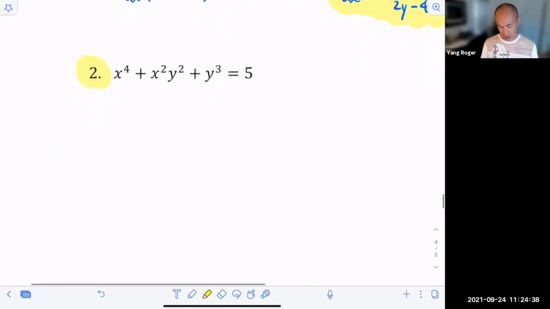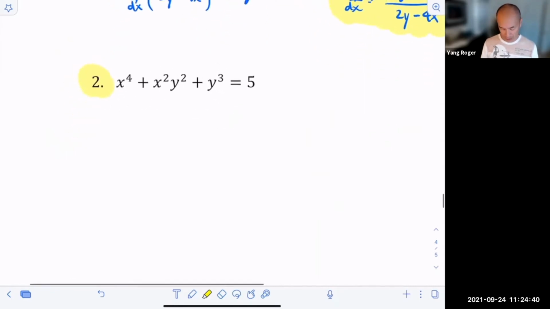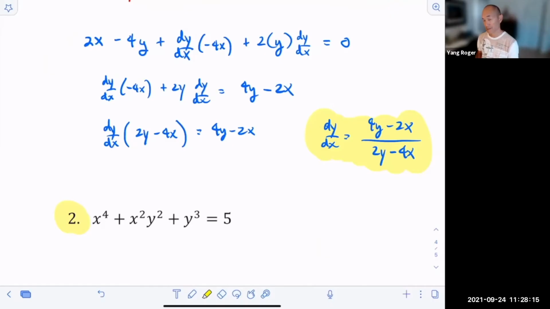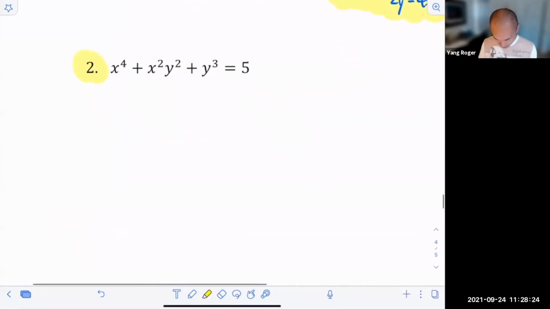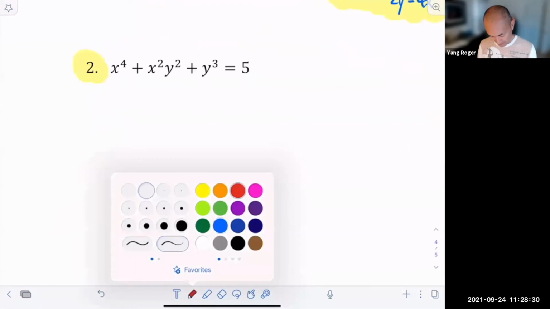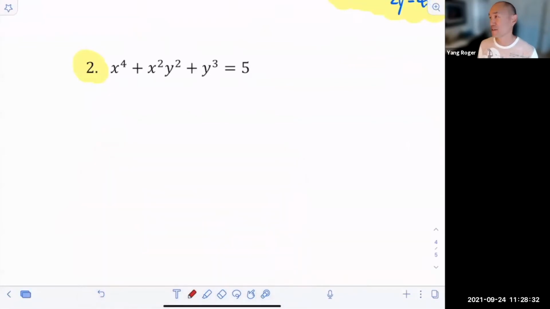Why don't you guys try example 2? Let's do this. This question, I hope, well, my thinking was with the first question, I thought you might struggle a little bit.